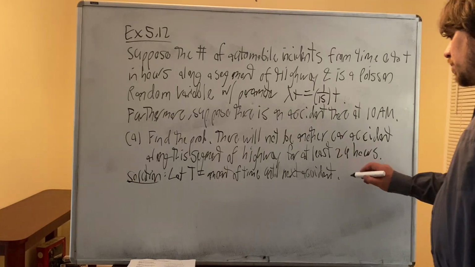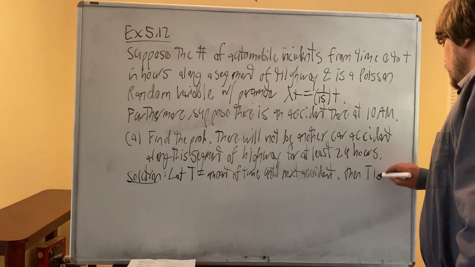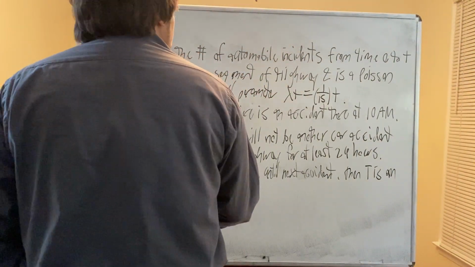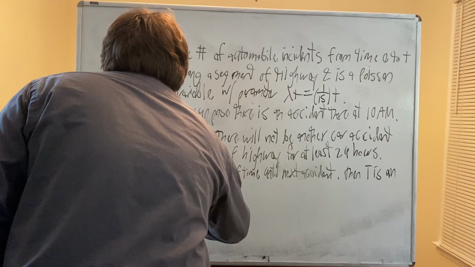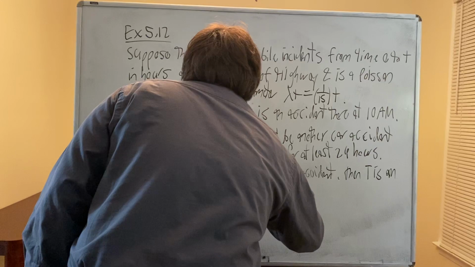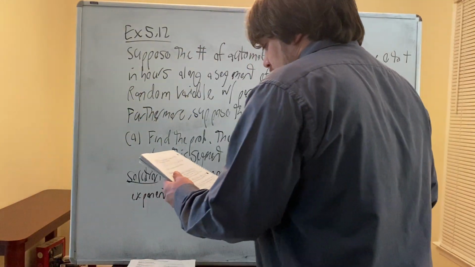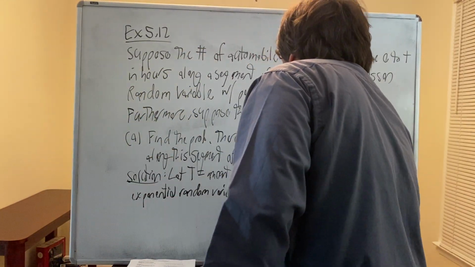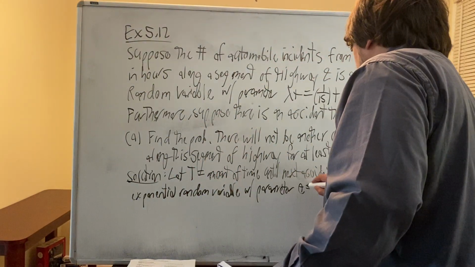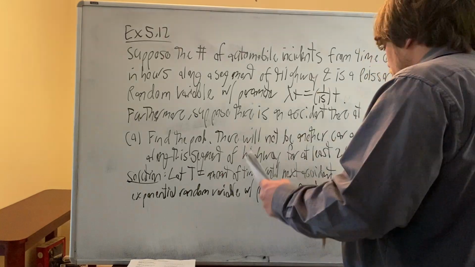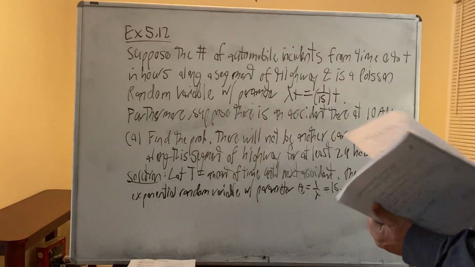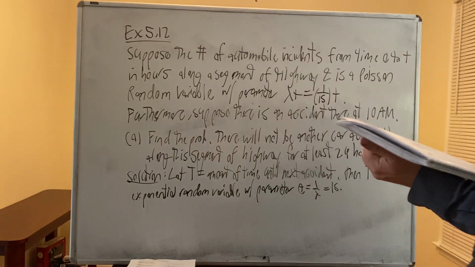Then capital T is an exponential random variable with parameter theta equals 1 over lambda, which is equal to 15. Okay, so why is that? Because it meets condition 1 on the last board.